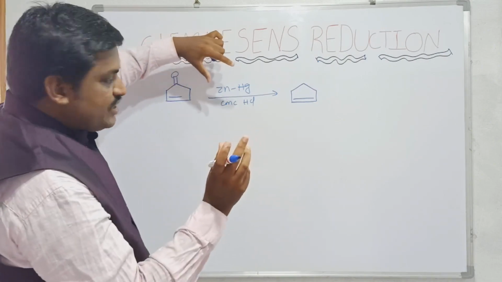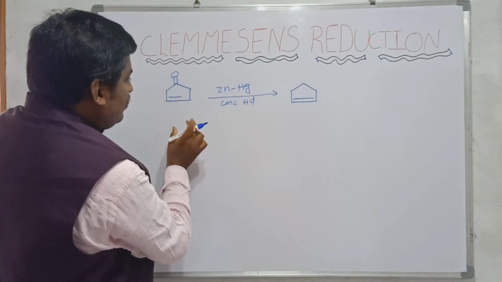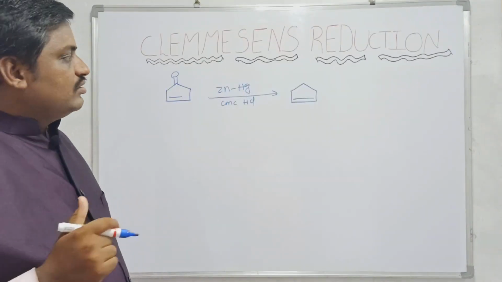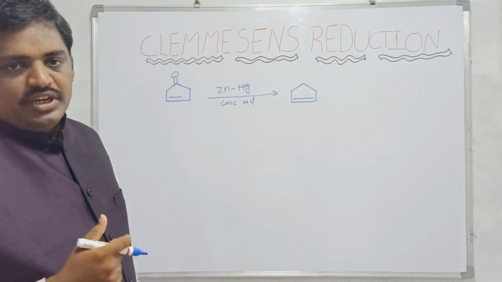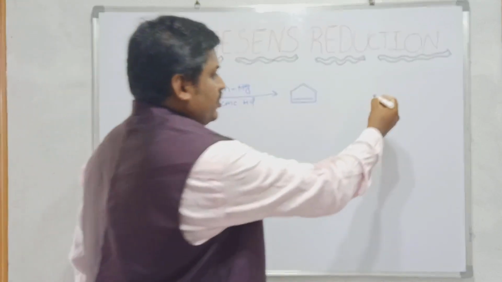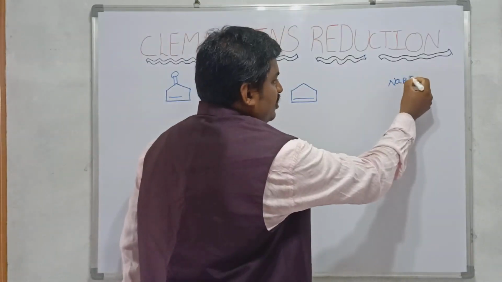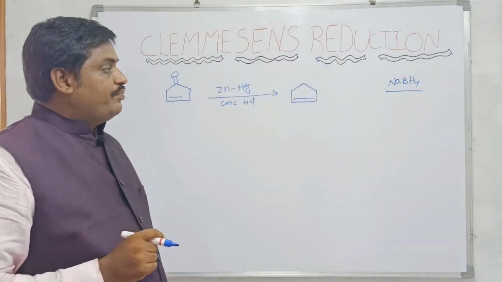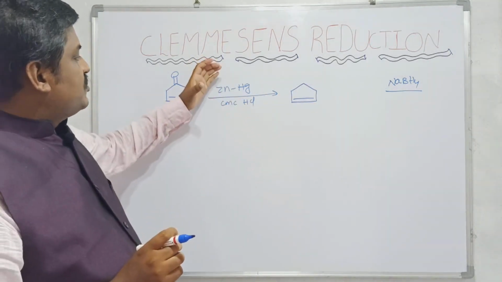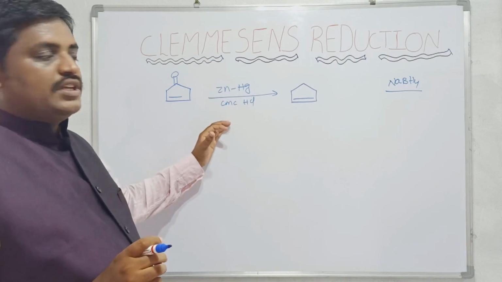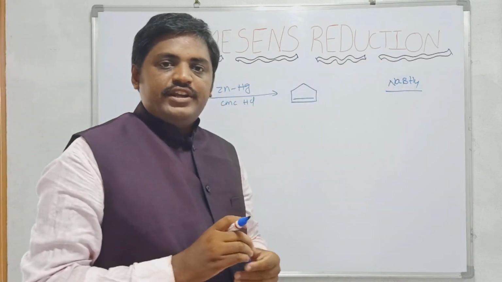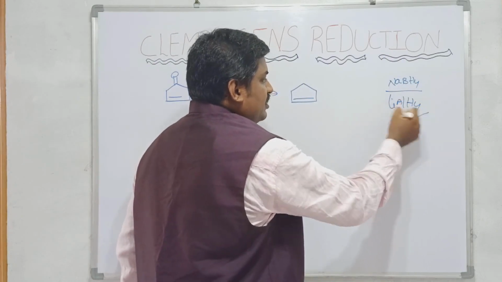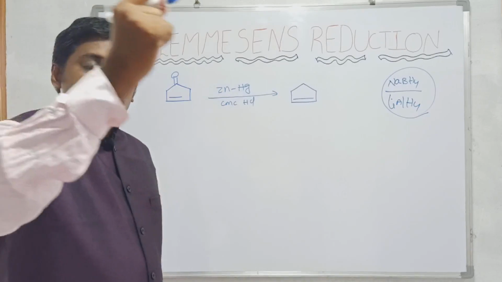This is a reducing agent, but the double bond is not reduced in this reaction. Why? What is the reason? Generally, reducing agents such as sodium borohydride are observed, which is also a good reducing agent. But some reagents like zinc amalgam in concentrated HCl, sodium borohydride and lithium aluminum hydride are specific reducing agents.